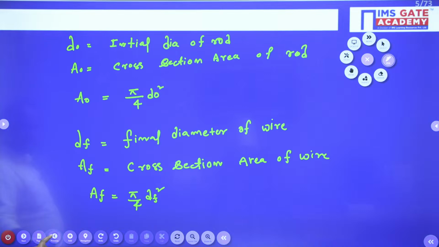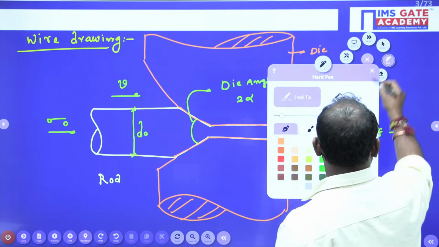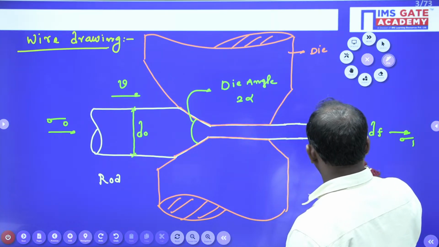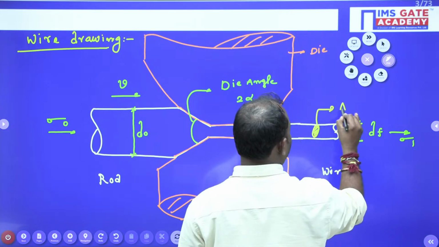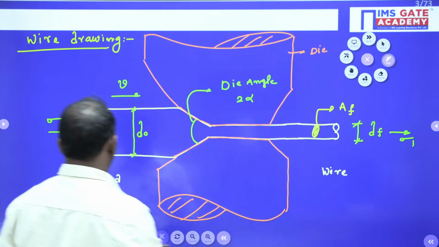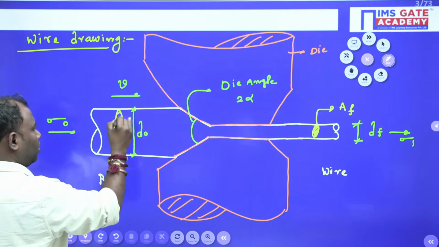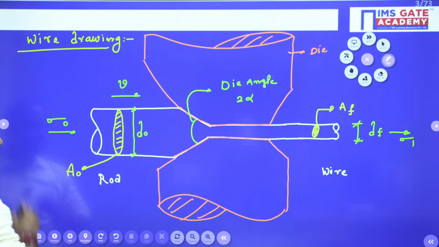So let me go back to our diagram. This is the cross section area of the final wire, here it is AF. Initial cross section area somewhere here is A naught, isn't it, guys?